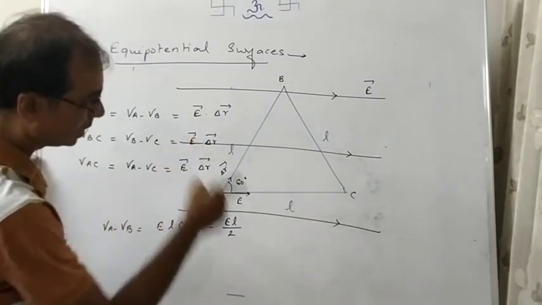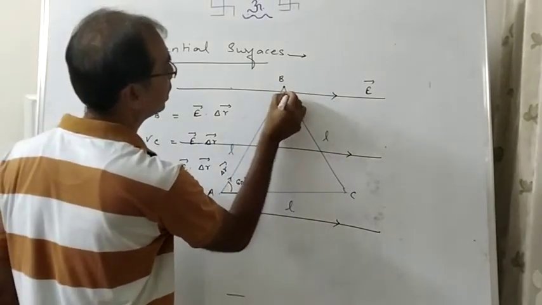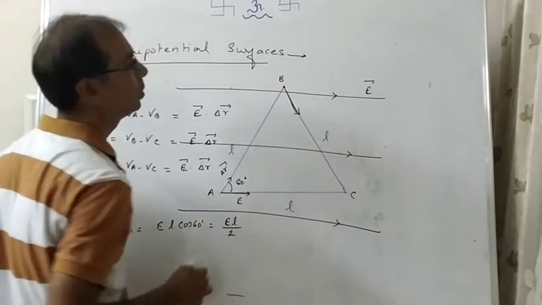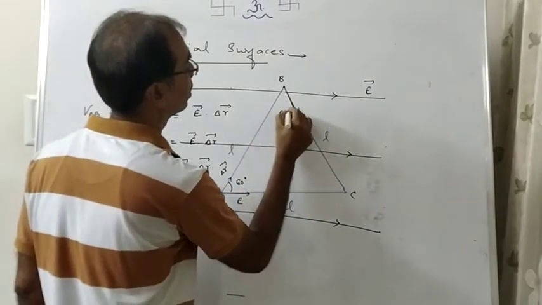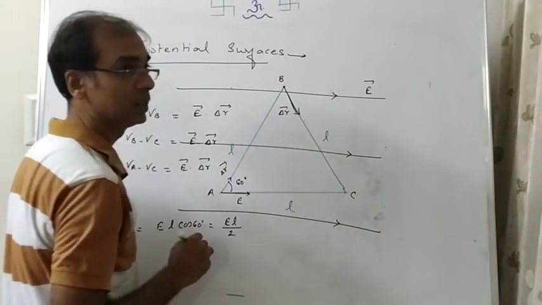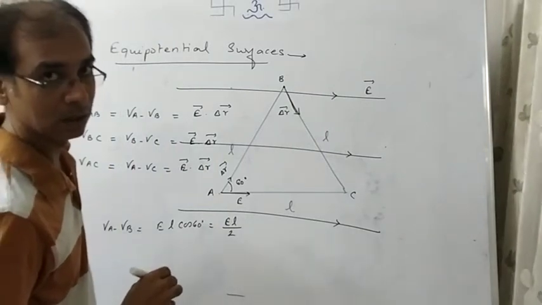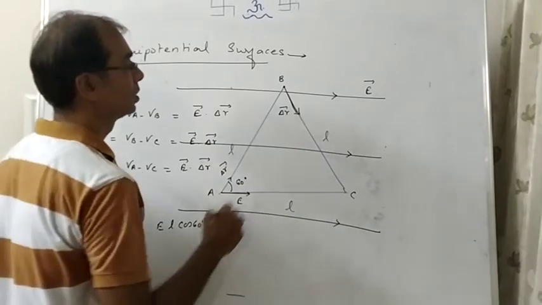Let's see BC now. BC means VB minus VC. You are moving in this direction now, like this. What is the angle between E and dr? This is dr, this is E. What is the angle? Is it 60 degrees still, or is some other angle there?